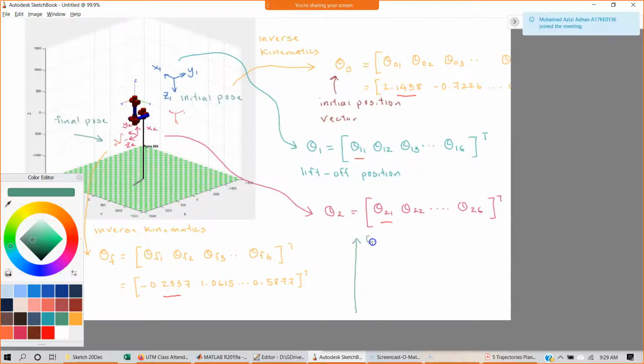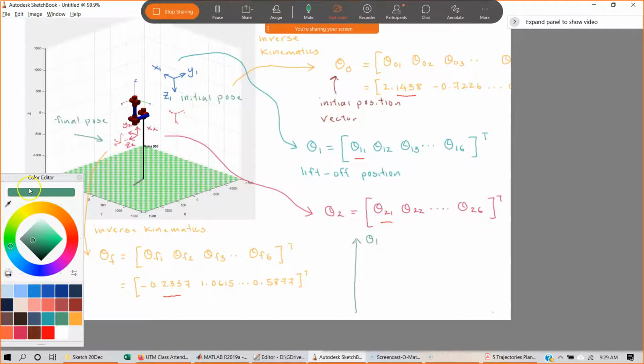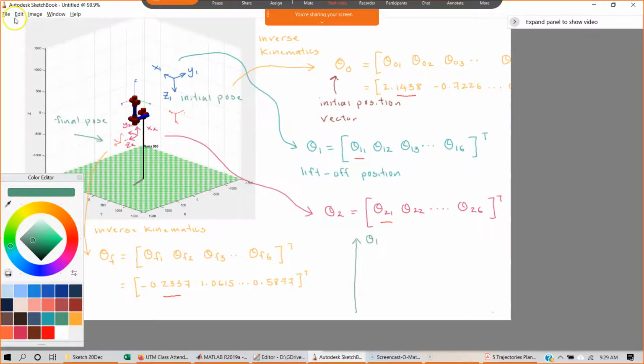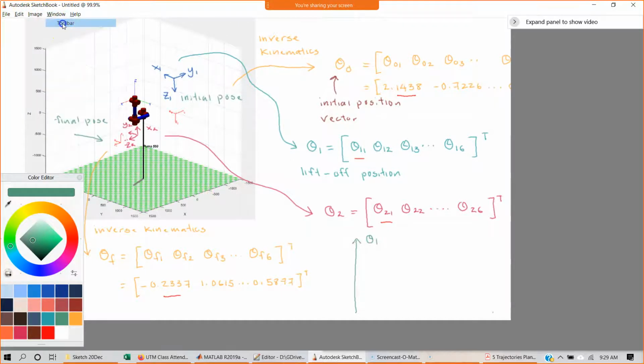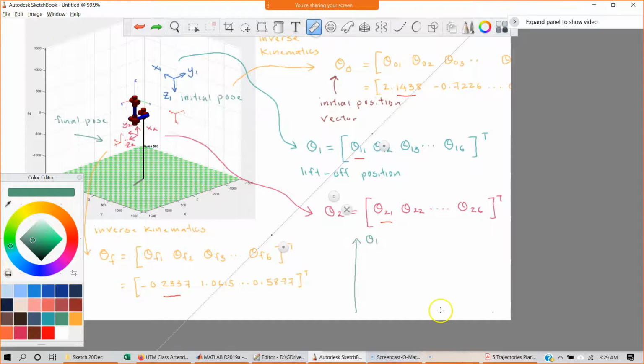So this should be the graph for theta 1, the first joint. Let me see if I can draw it straight. Yes, I cannot. Where is my toolbar? All right.